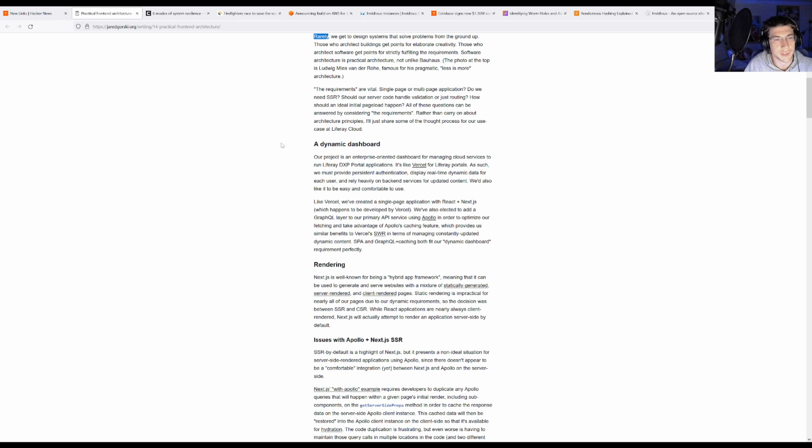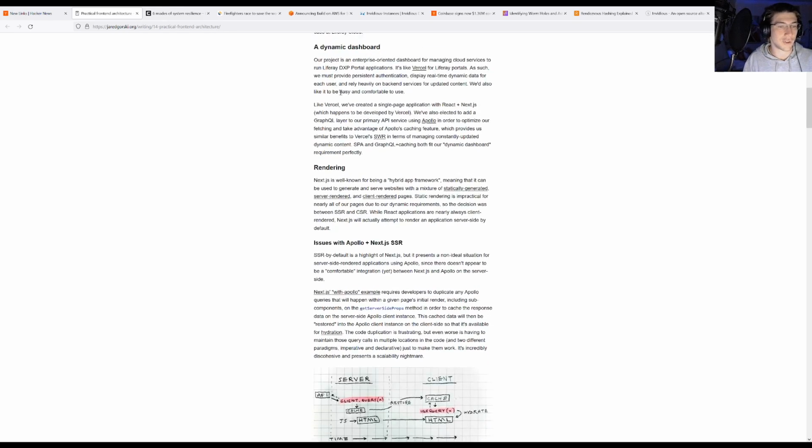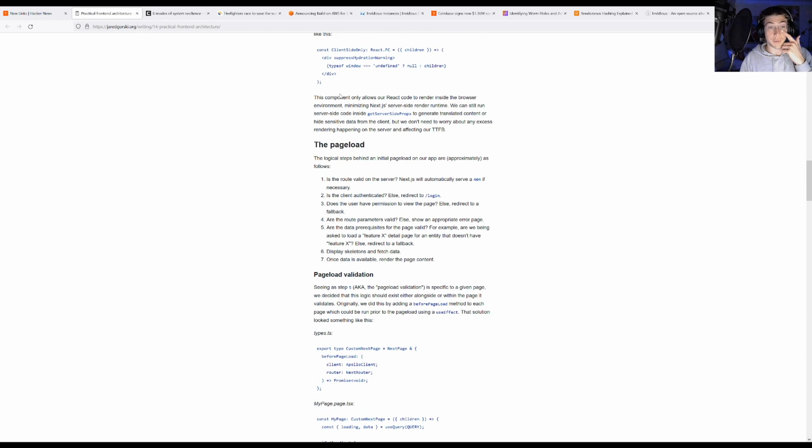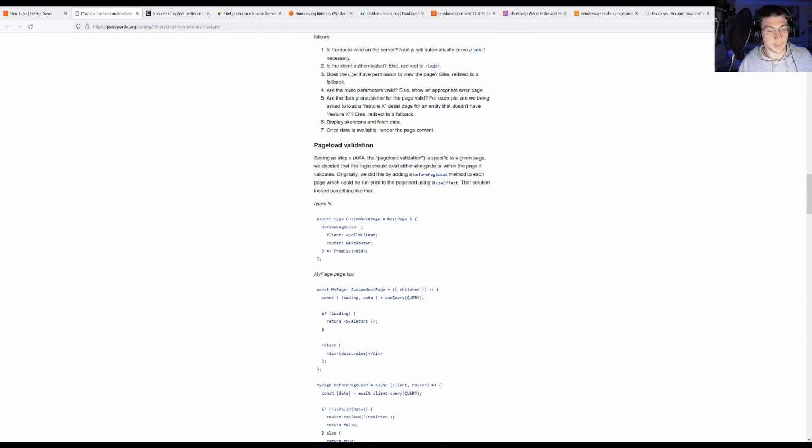Obviously startups need more of the architecture than existing companies too. The requirements are vital. Single page or multiple page application? Do we need SSR? Should our server code handle validation or just routing? How should an ideal initial page load happen? Yeah, these are all decisions that come into making an architecture of a web application, for example, or even a mobile application.